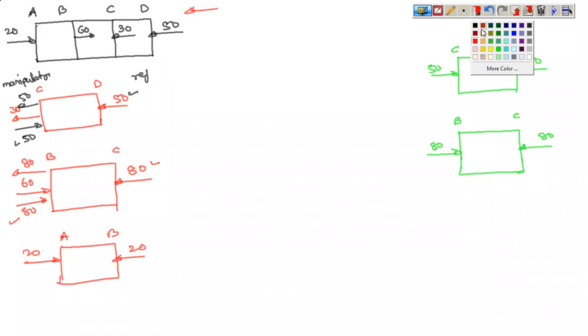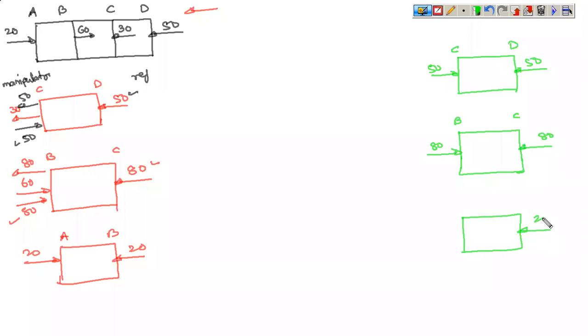So finally AB is 20. Now you get the same values, same answer, and the same resultant loads, whether you solve the problem from right to left or left to right. So it makes no difference whether you are solving from left to right or right to left.